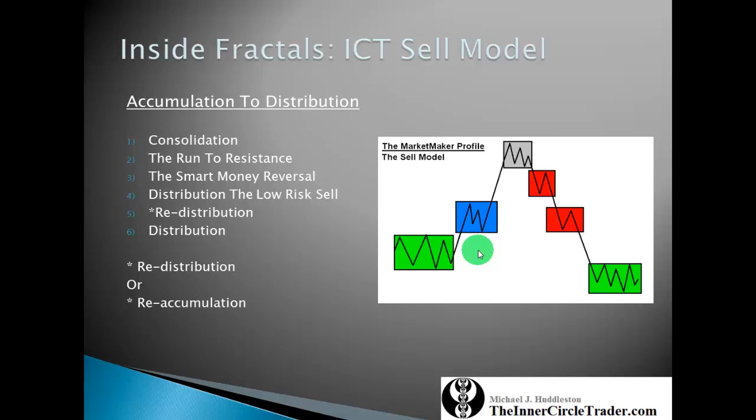Okay, so the initial consolidation here is an accumulation phase. The market will move into the run to resistance. Okay, and then the next stage is the smart money reversal.